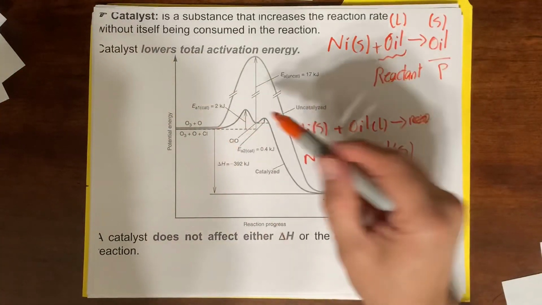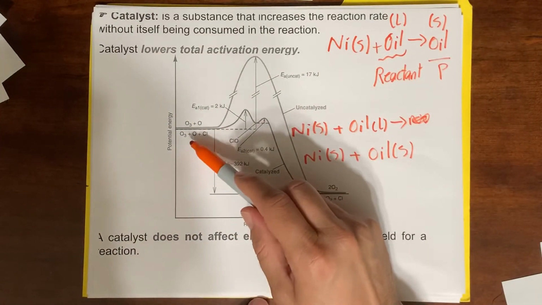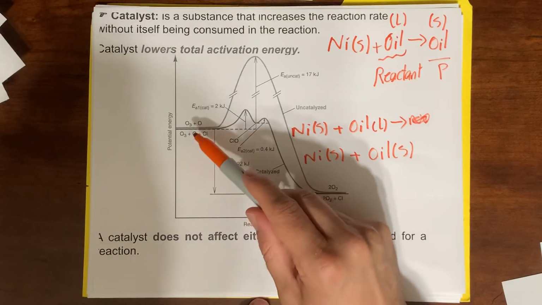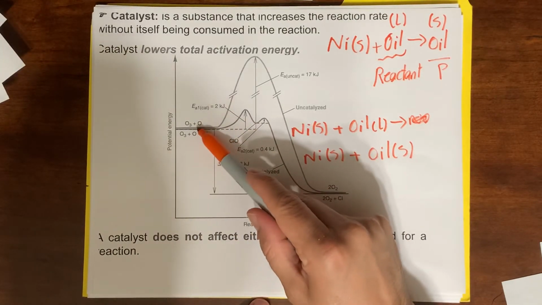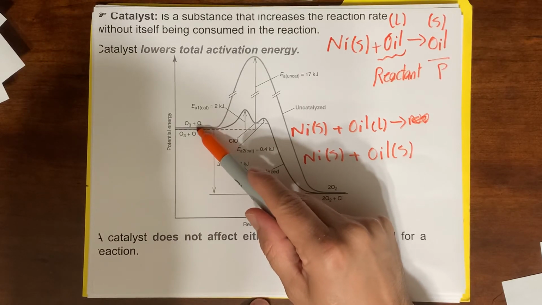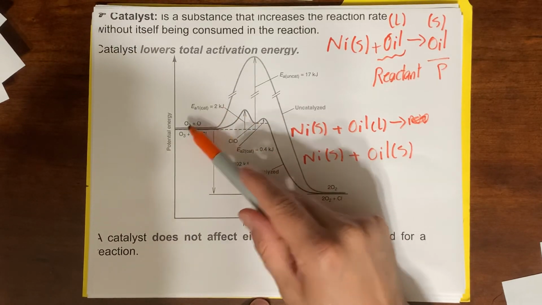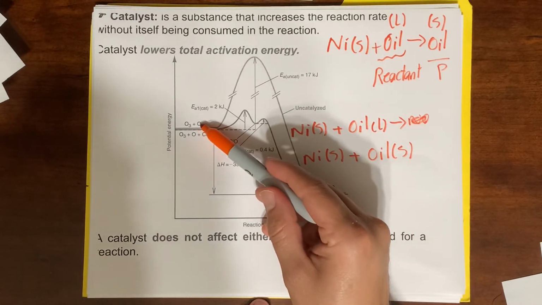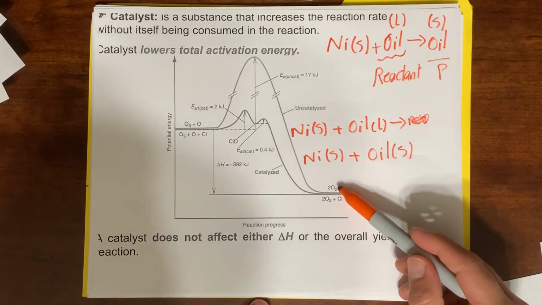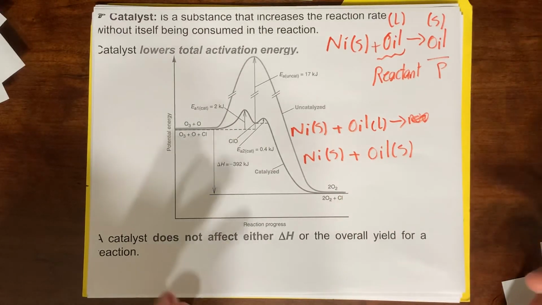Okay, now check the graph. In this case, we have ozone, and if ozone reacts with one oxygen atom, it will give you 2 O2. So 3 oxygen plus 1, 4, we get 2 O2. O2 is just oxygen.